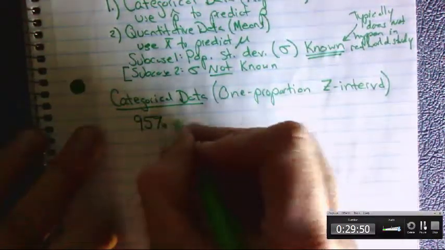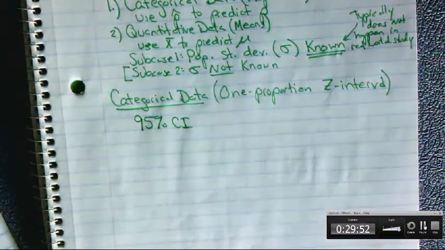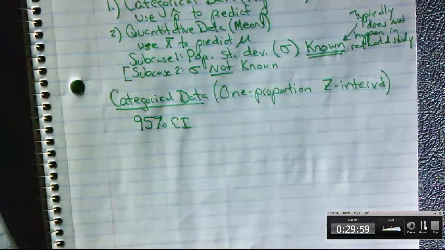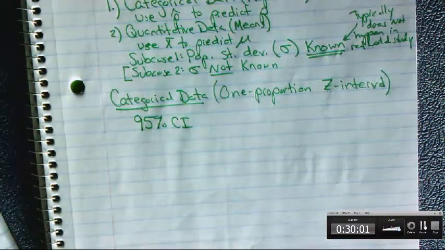We have a formula for a 95% confidence interval. What was our 95% confidence interval in the past? It was P minus 2 standard deviations of P hat and P plus 2 standard deviations of P hat, right? And when we're talking about categorical data, this is our 95% confidence interval.